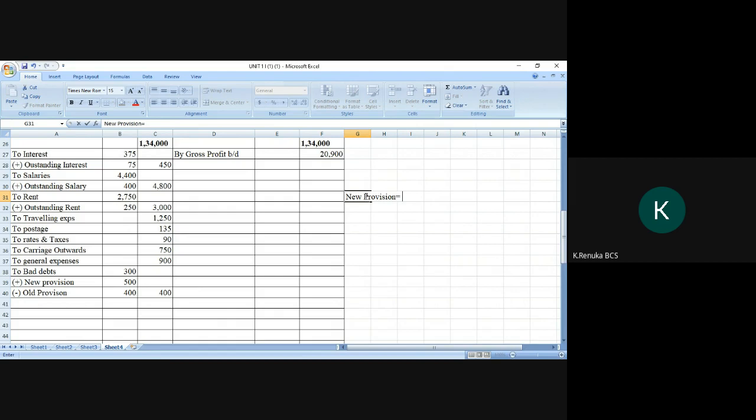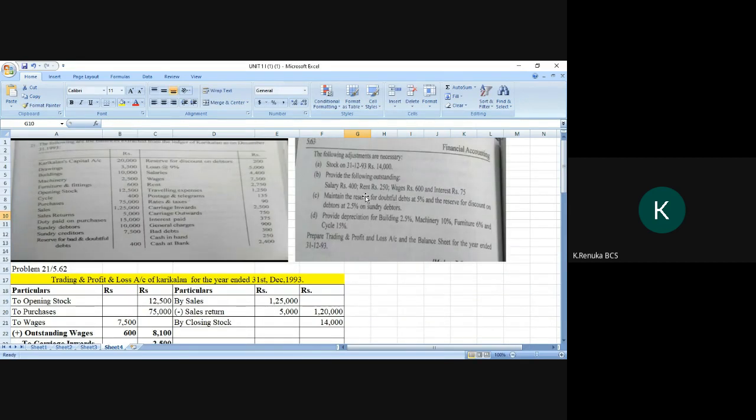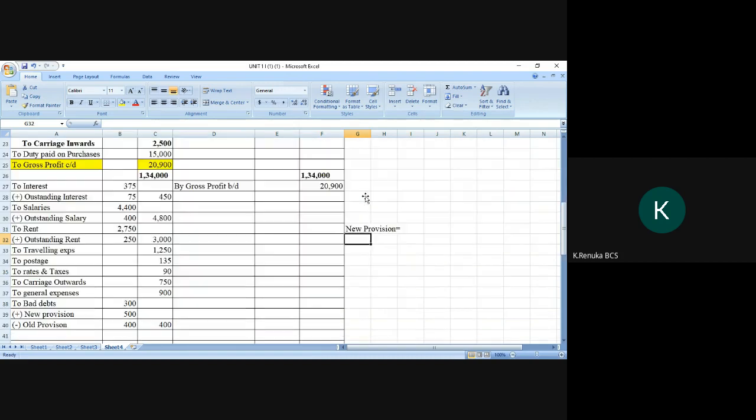You need to find the debtors value, which has been given as 10,000. So 10,000 into 5%. If you calculate, you will get 500 as the new provision.